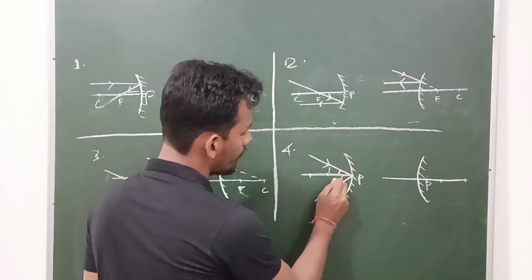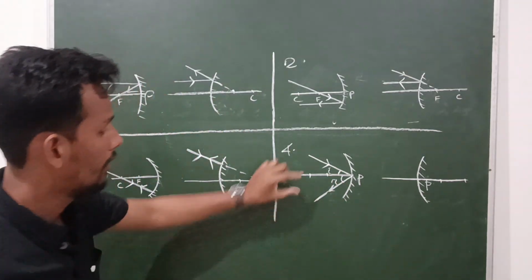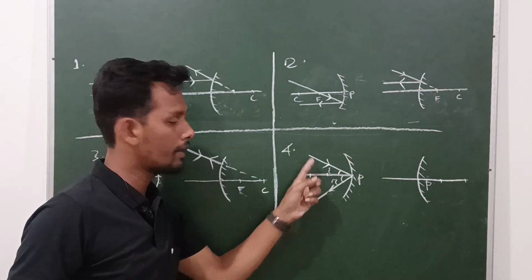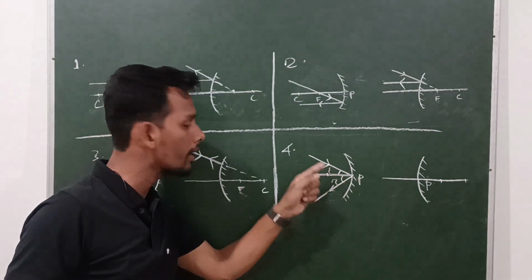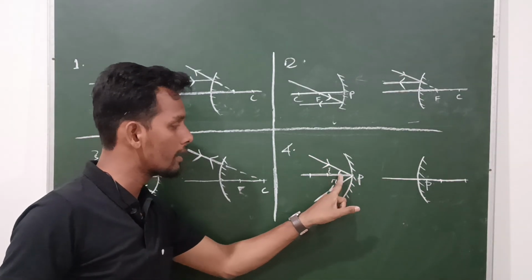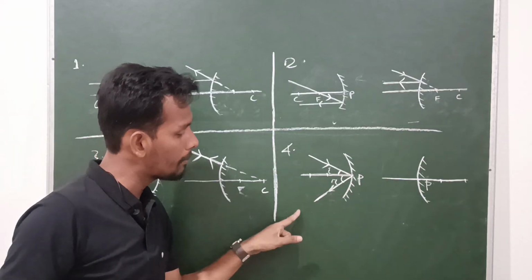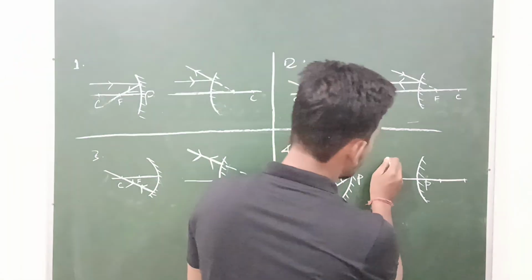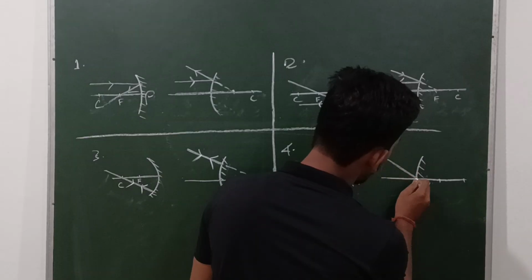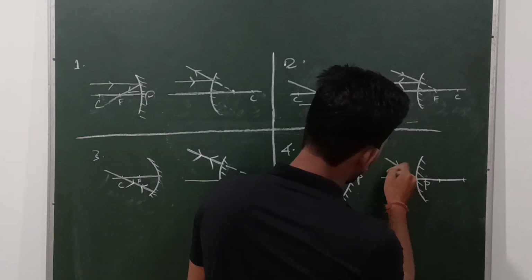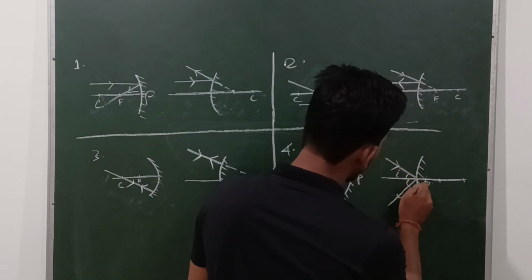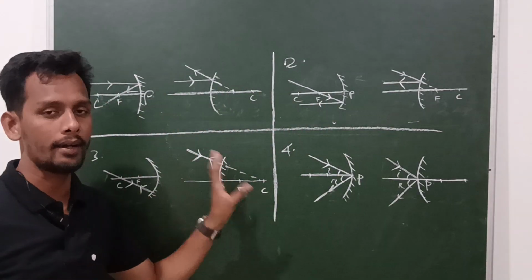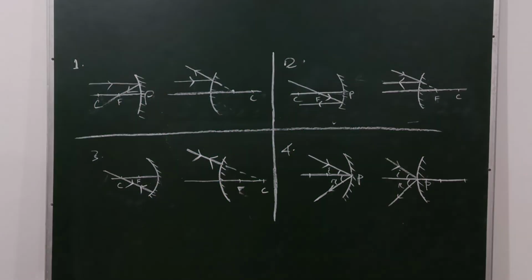This is the incident angle, this is the reflected angle. The two angles are always the same. If an incident ray falls on the mirror making an angle with the principal axis, then it will reflect back making the same angle with the principal axis. Same in case of convex mirror also. These two angles are always the same. These are the 4 rules by which you can draw the ray diagrams. Clear?